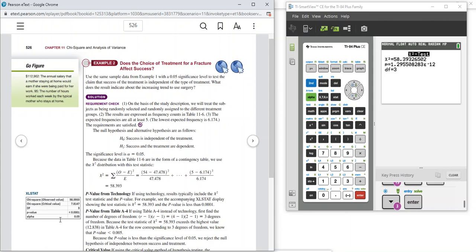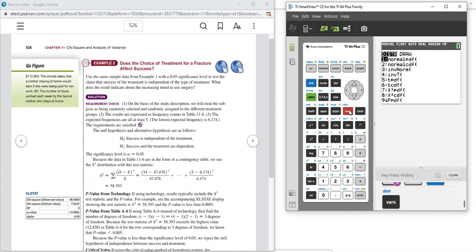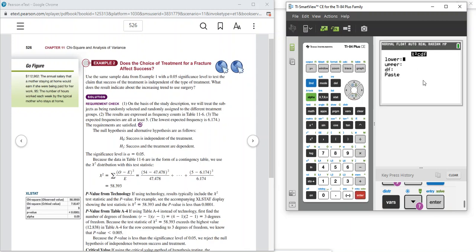Remember that we have these distributions, so we could go second distribution, and you'll see chi-square CDF. Enter. The lower value, well, it doesn't seem lower, but that's an awful big number, 58.393.